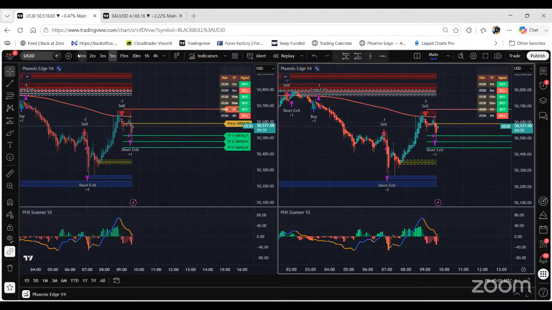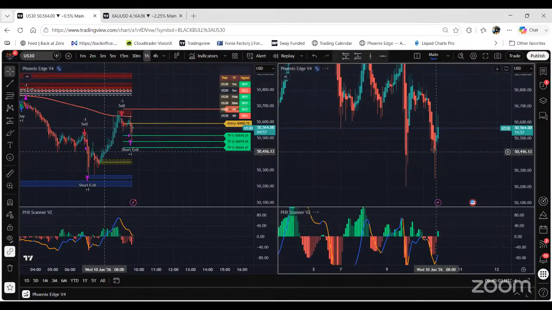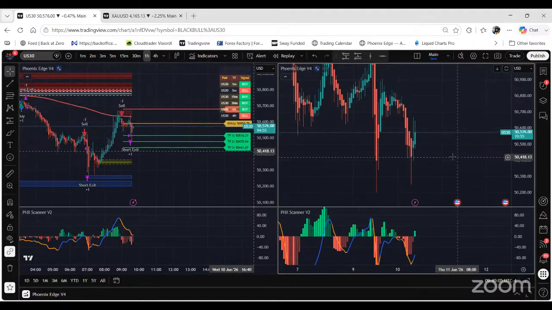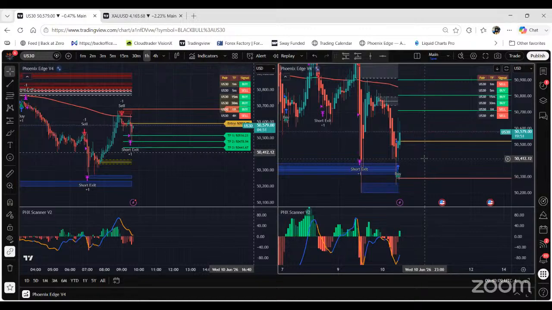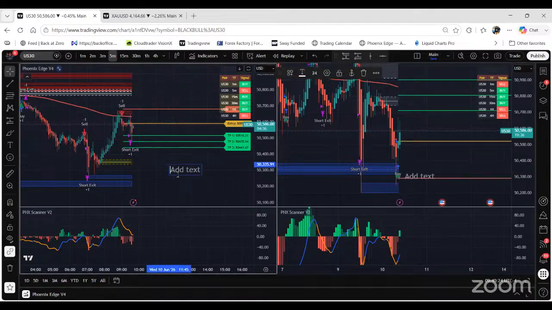Let me go back to my actual chart. What's going on here? Yeah, I had to keep myself from letting that FOMO kick in. I'm not gonna lie, y'all, forex trading is about 10% skill and 90% mental. Even us, we sometimes get FOMO, and that's why we always preach, don't fall for the trap of FOMO.